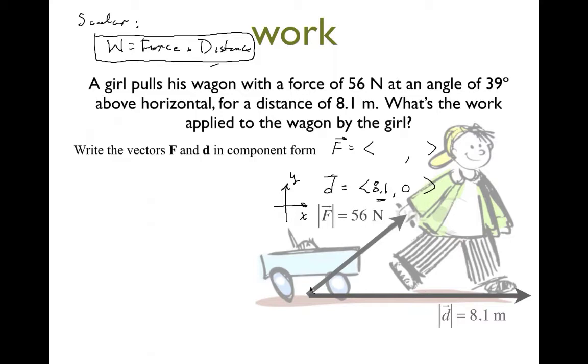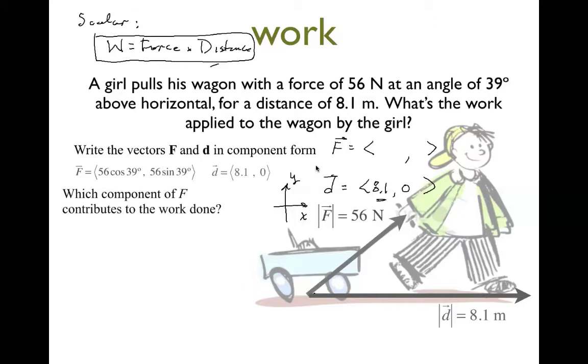Right, so the magnitude of force times the cosine of 39 is going to give us the X component, and then times sine will give us the Y component. So the X component is 43.5. Yeah, keep those numbers in case we need them. I'm just going to write it in exact form for now. Okay, so those are those vectors in component form.